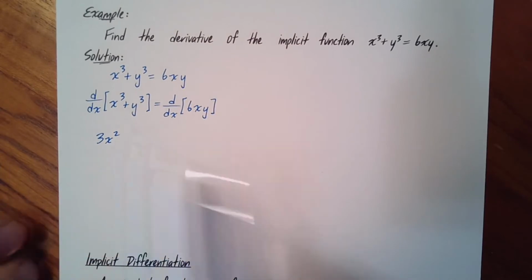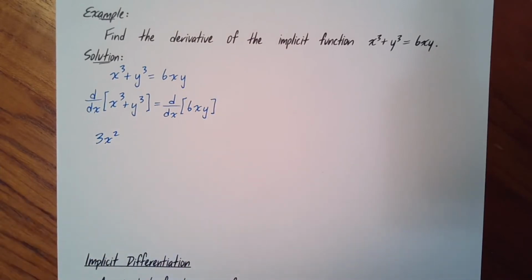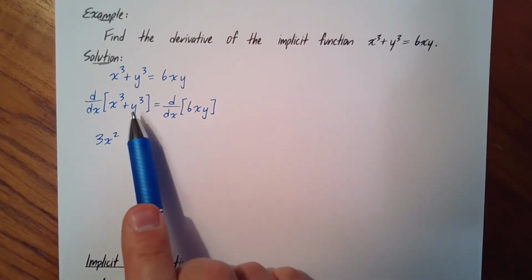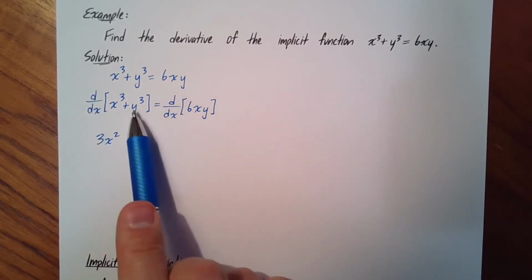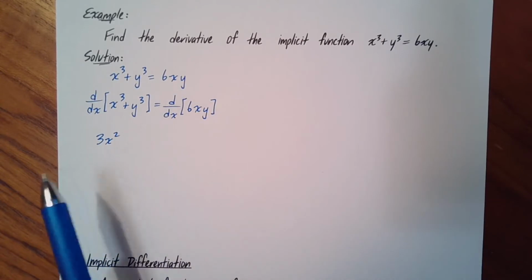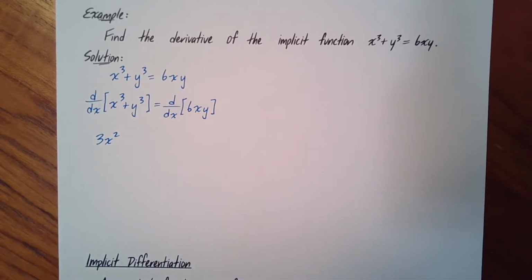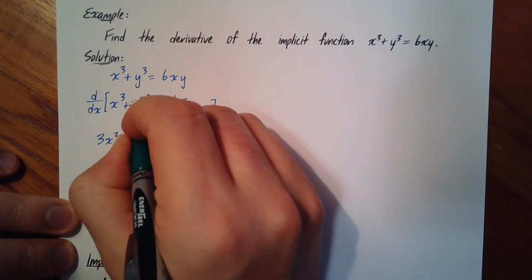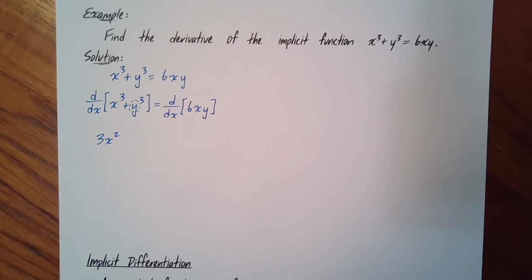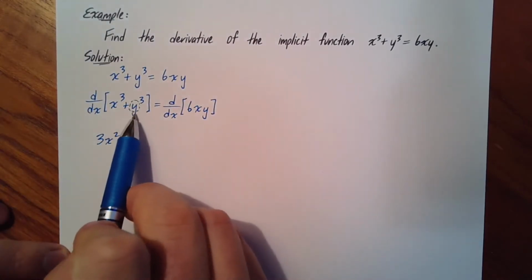Now for the y cubed term, that's the one you have to handle a little bit more carefully. We're not taking the derivative with respect to y, we're taking the derivative with respect to x. And y itself is a function of x. It's an implicit function, but it's still a function in the sense of having the chain rule kick in here. So we've got y as our inside function. So we're going to treat it like an inside function and do the chain rule on the second term.